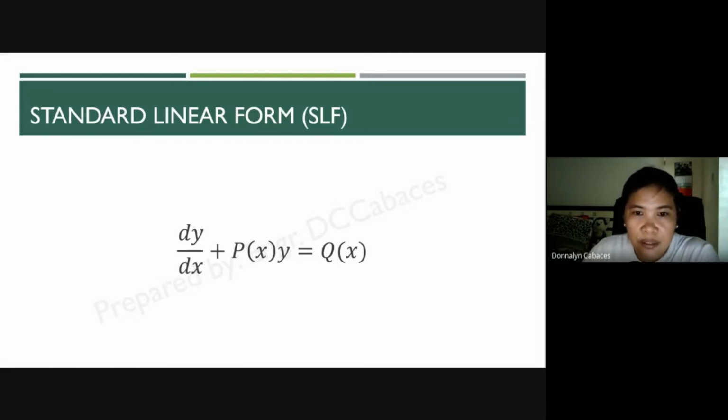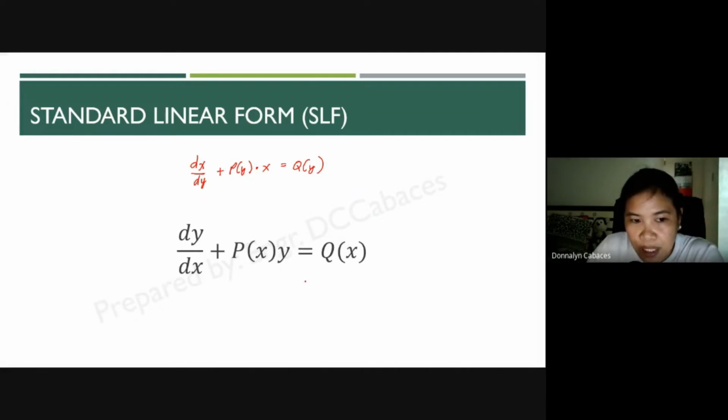If you check that the equation is not linear in y, maybe it is linear in x. And if it is linear in x, the standard linear form would be this one. The derivative of x with respect to y plus p as a function of y times x is equal to q as a function of y. That would be the standard linear form.